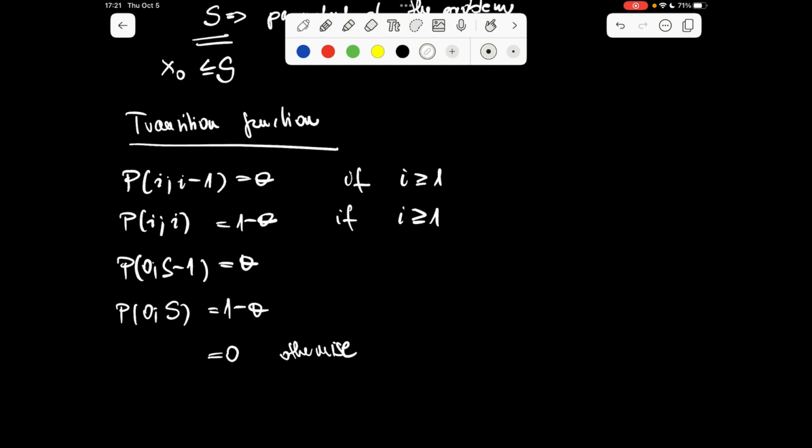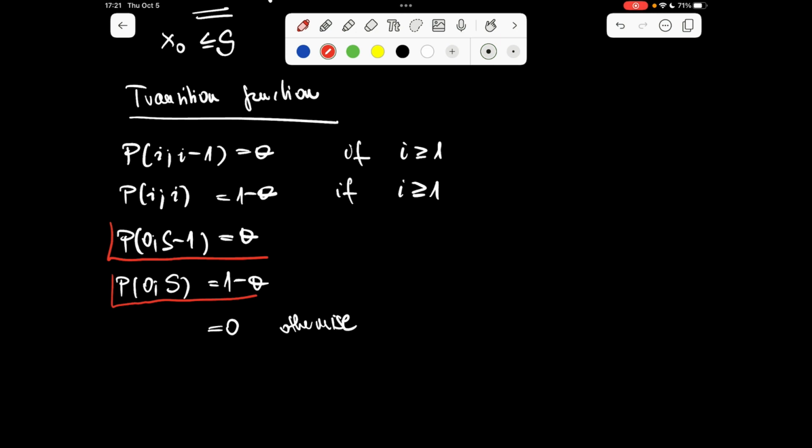So if there is positive demand, from initial 0 we can go to S minus 1 with probability theta, and from 0 we can go to S with probability 1 minus theta if there is no demand.